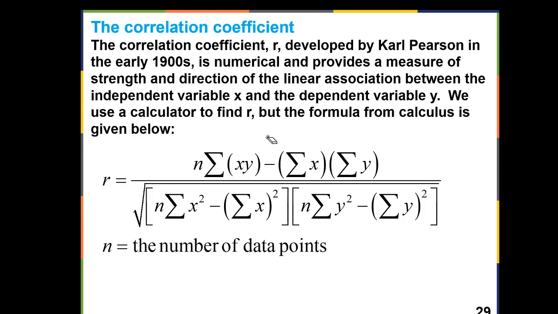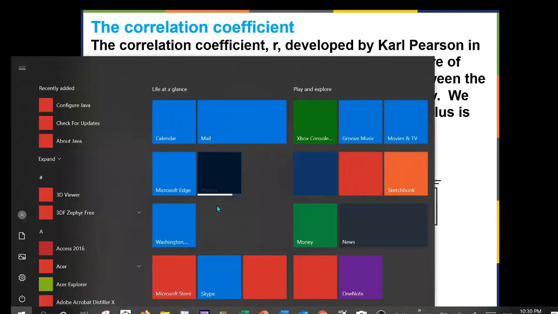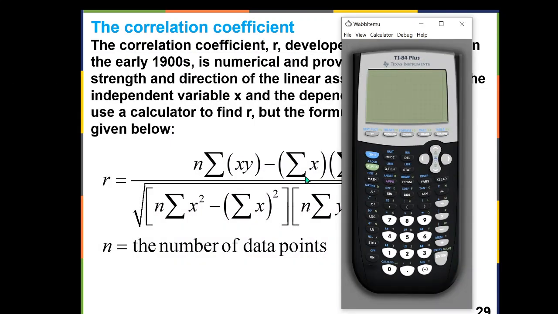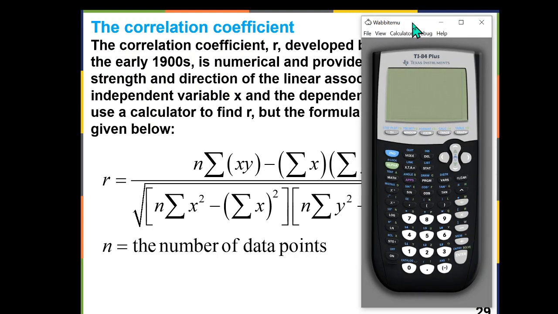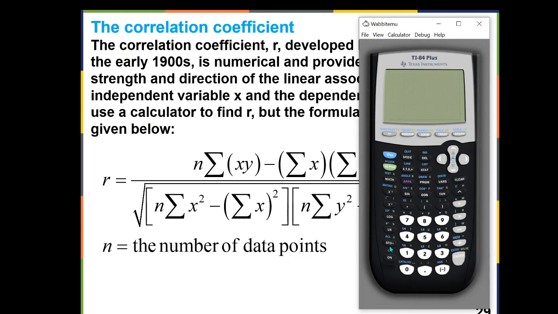Well, here we go. All of these are in the calculator, and you can actually use this formula with the calculator. If you go to variables after you do the regression, and go to statistics, you see they're all right there: sigma xy, sigma y, sigma x squared.